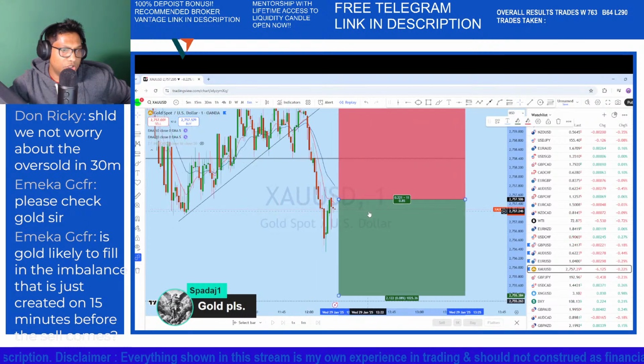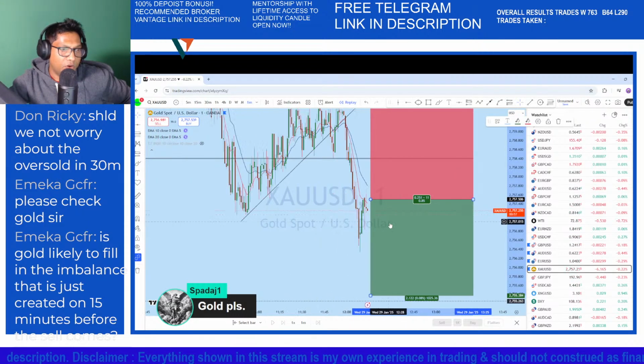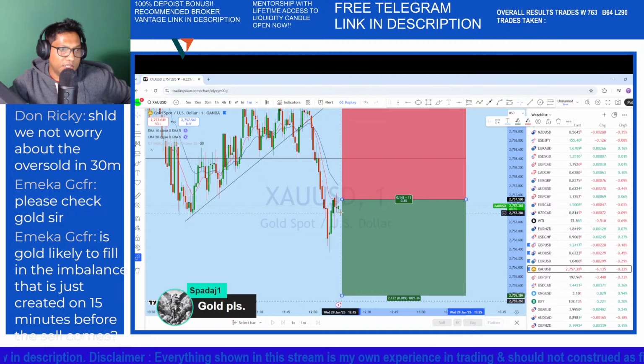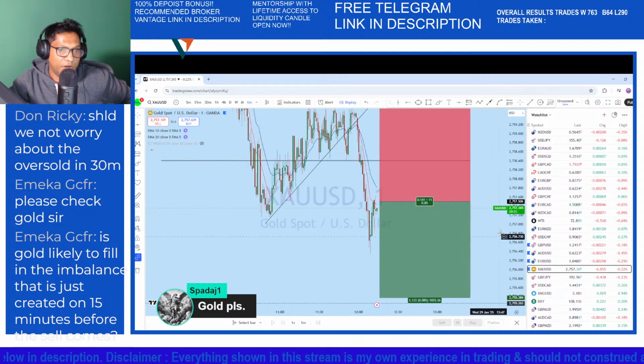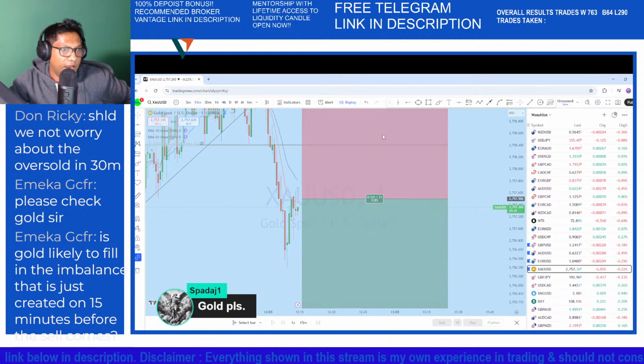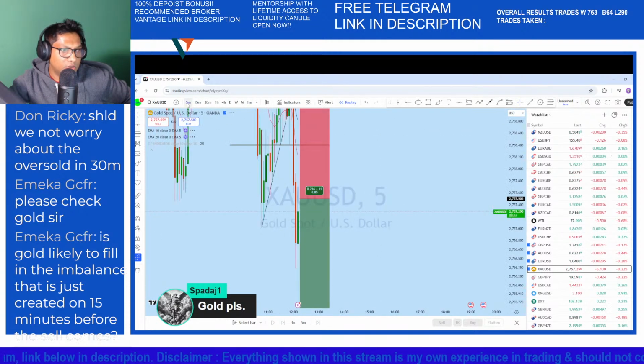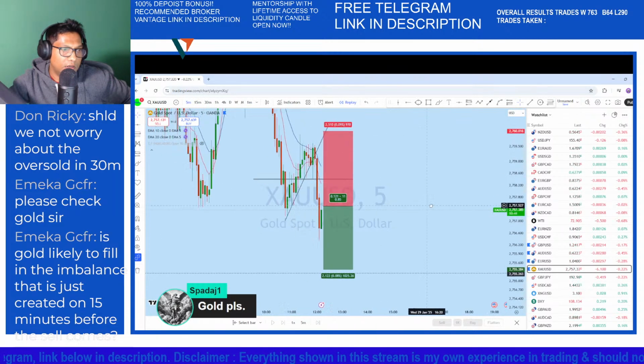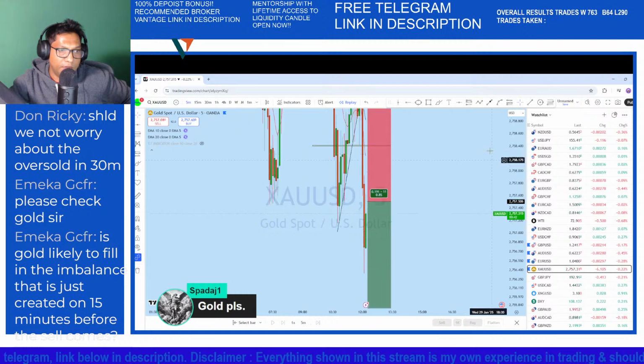So there is a doji here, and from the doji, we can see the market slowly breaking below potentially. And let's see how it might be heading.